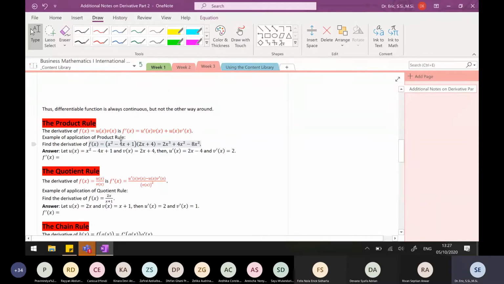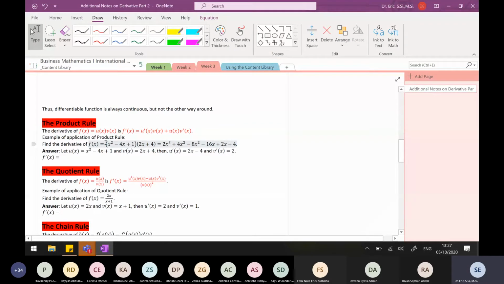Minus 4x times 4 gives you minus 16x. 1 times 2x gives you plus 2x. And 1 times 4 gives you plus 4. Then you can find the derivative of this.